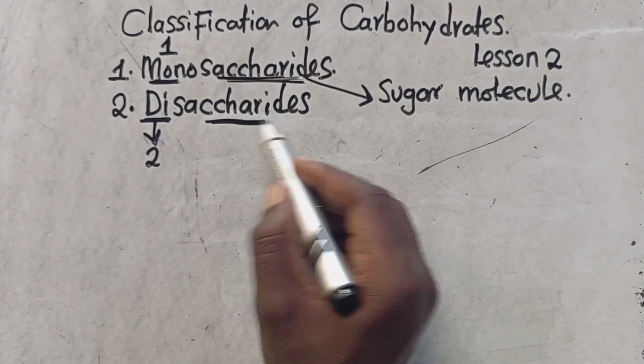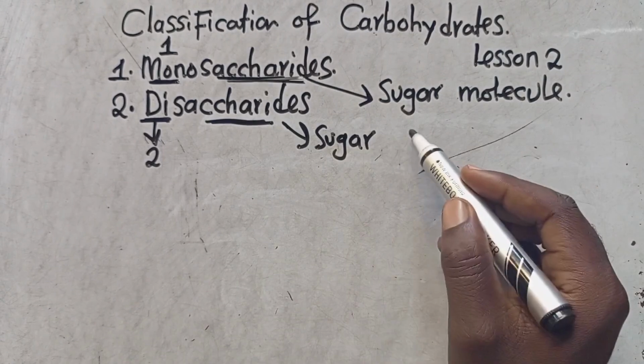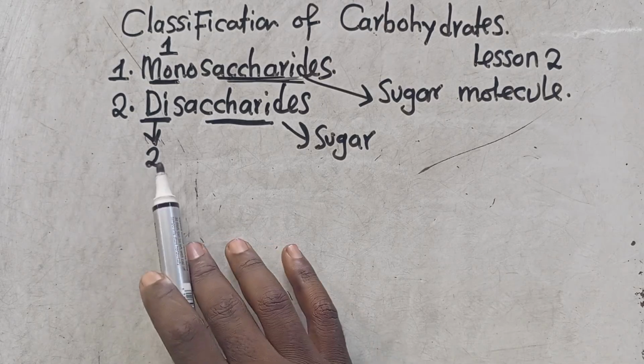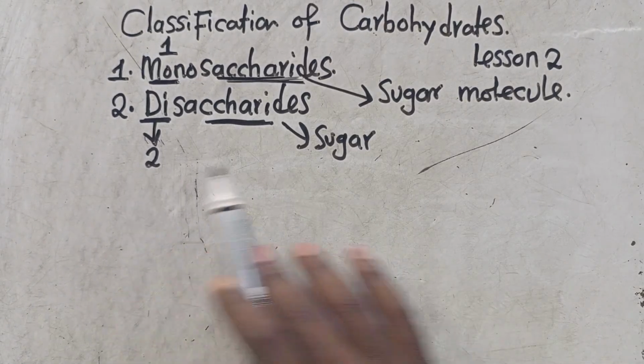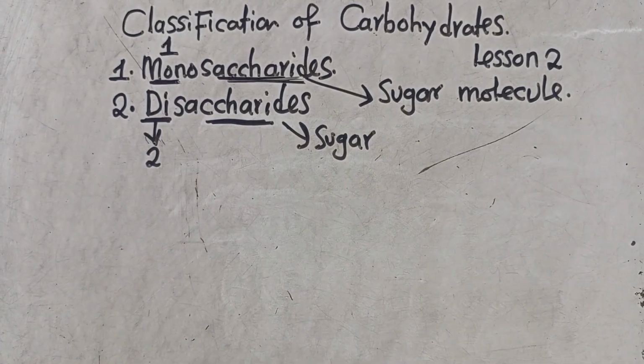Saccharide is just a sugar molecule. So when we say disaccharides, we are talking about two sugar molecules, but with mono, we are talking about one sugar molecule.